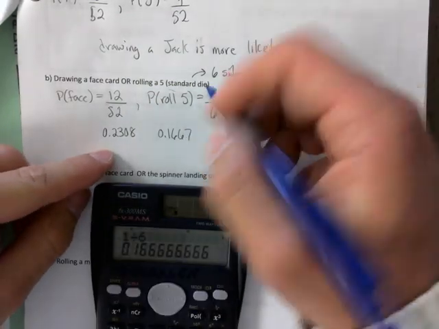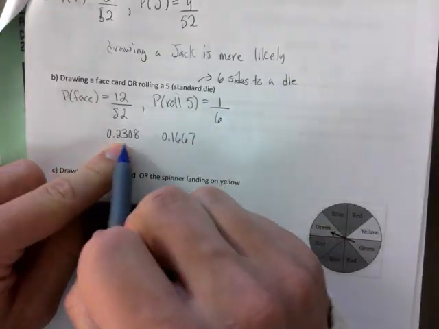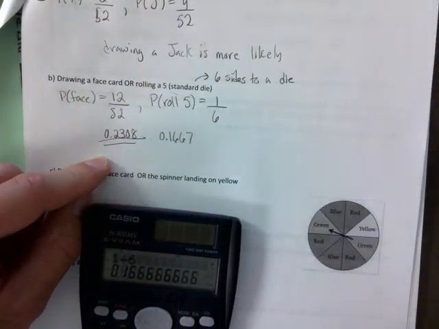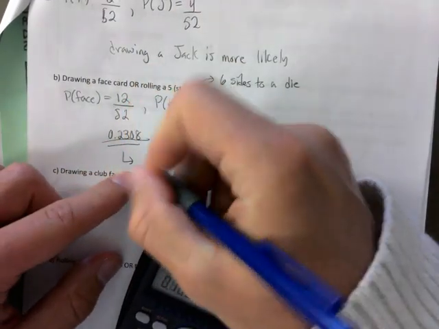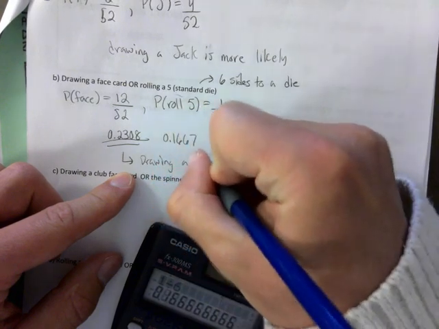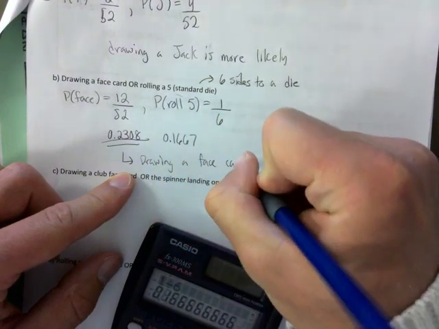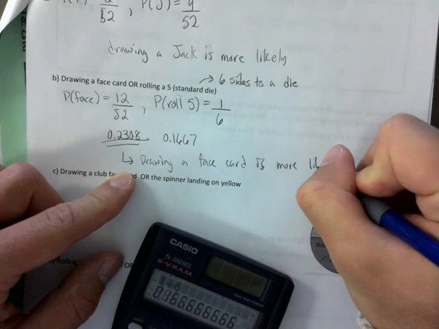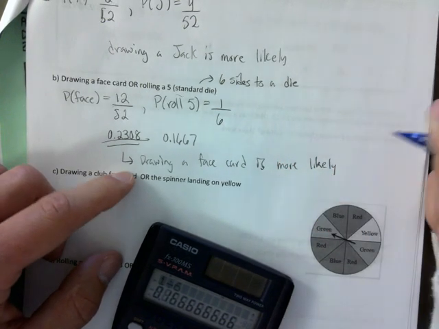Now it's more clear which one is greater. This one has the higher probability, so drawing a face card is more likely.